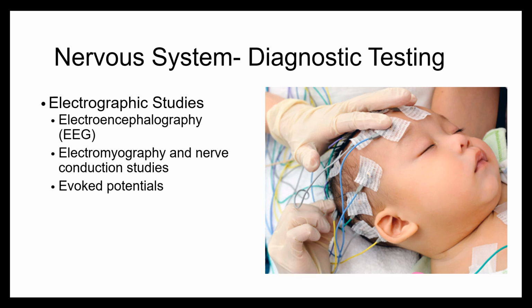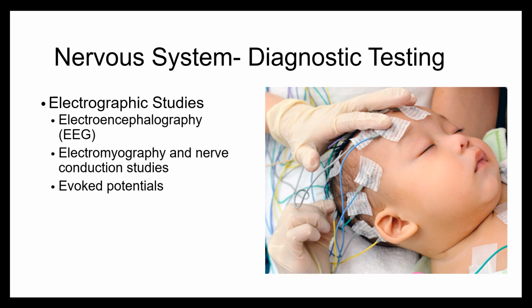However, we can also do the nerve conduction study portion in conjunction with the EMG. And here, instead of stimulating the muscle to see if it contracts, the nerve conduction looks at whether the nerves send the impulses correctly to the muscles.